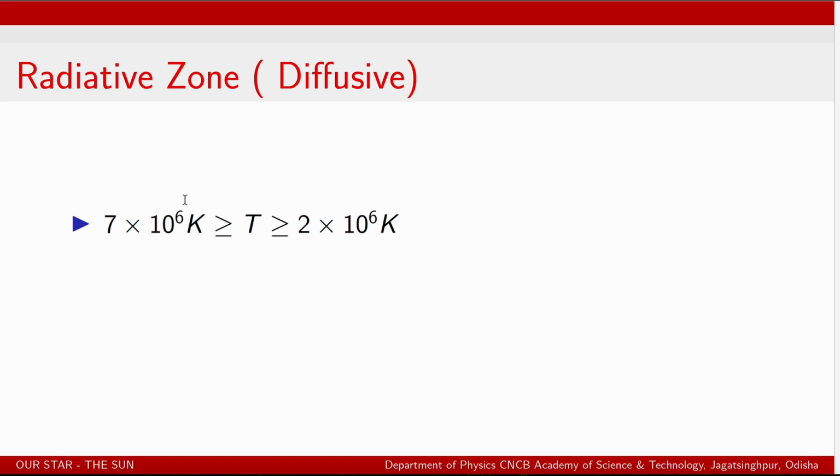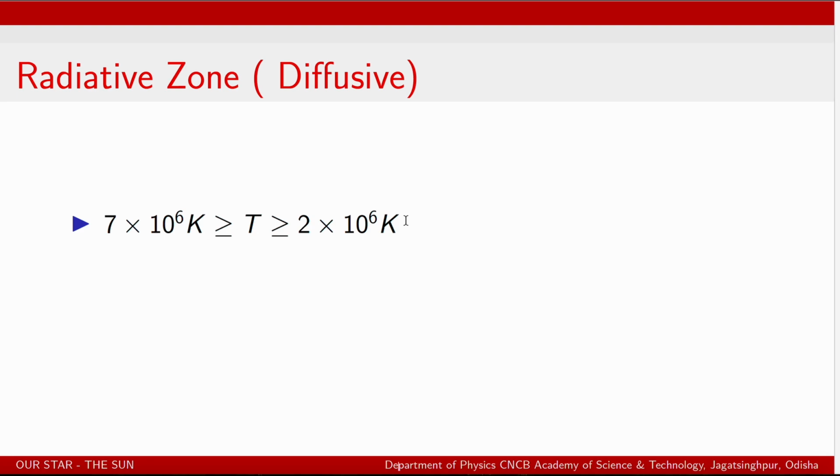In this radiative zone, the temperature has come down sufficiently so that the nuclear reactions are stopped. This temperature cannot sustain nuclear reaction. To sustain nuclear reaction, we have to go to higher temperature. So energy production has stopped in the radiative zone.